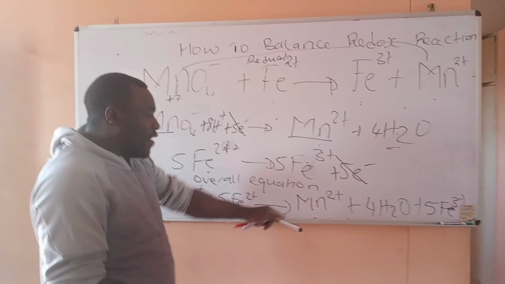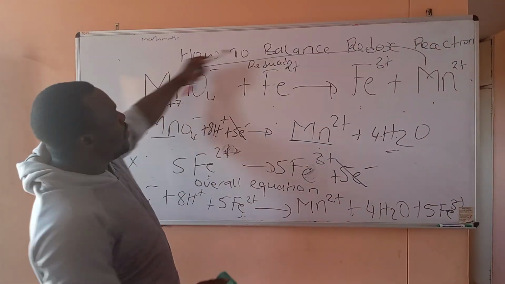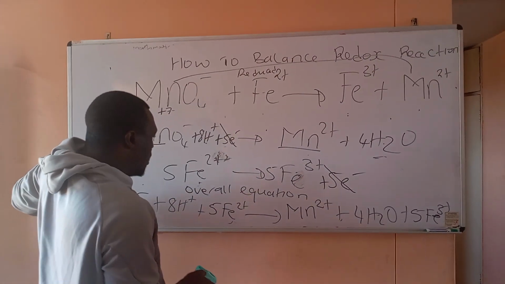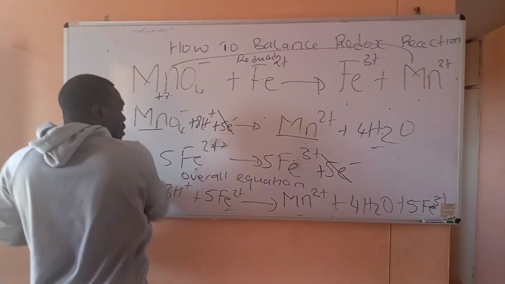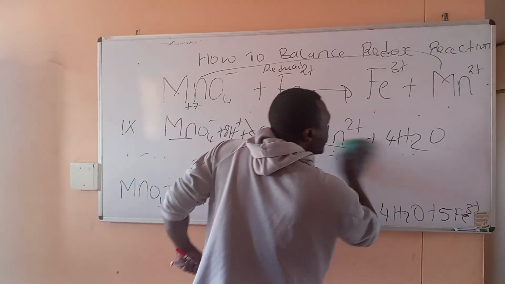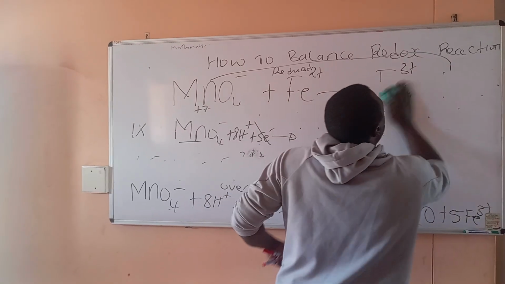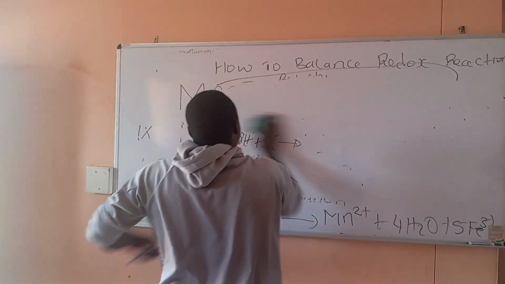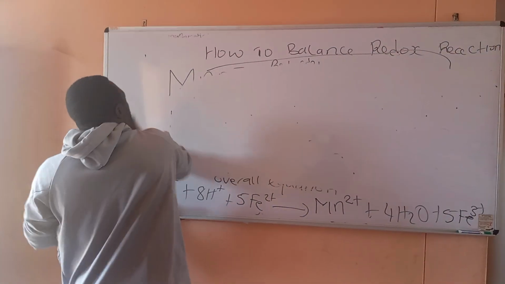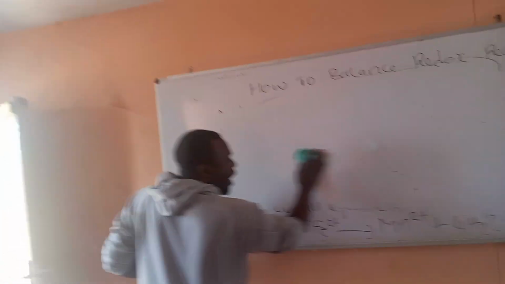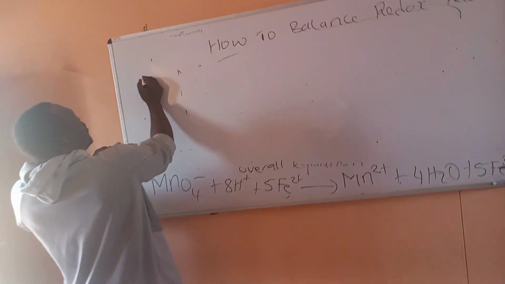So let's see whether this overall equation is balanced. Permit me to wipe up there and then write this one there. Now we see whether it's balanced. Okay, I'm writing this equation up there.